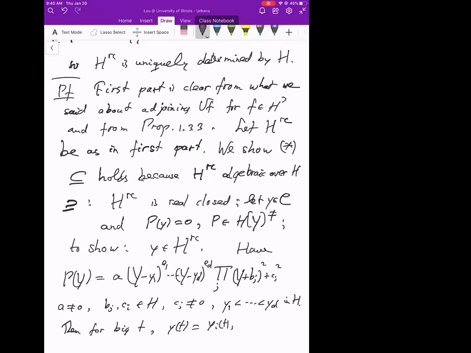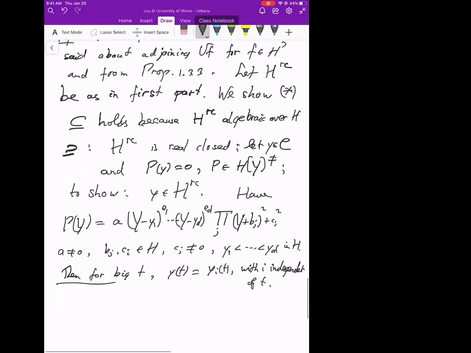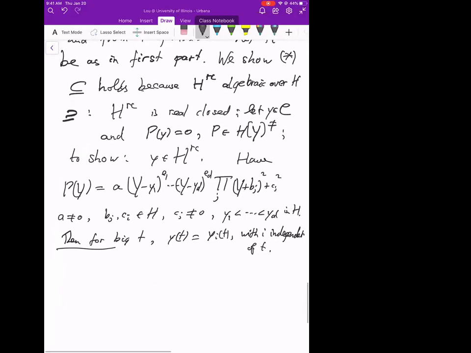So y(t) is yi(t), with i independent of t, for big enough t, right? And that means that y is yi. So y is yi in the real closure. Okay, so that is the proof of this theorem.